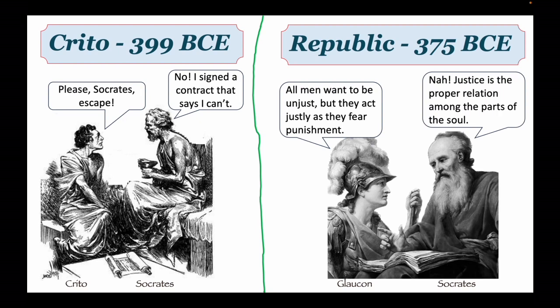Here is where Socrates gives the first form of what is going to be known in the future as the social contract. It's an interesting argument. Socrates says, I will not escape, even though I know that the Athenian government is wrong, they did something wrong to me, and I'm right, but I won't escape because I grew up in Athens.